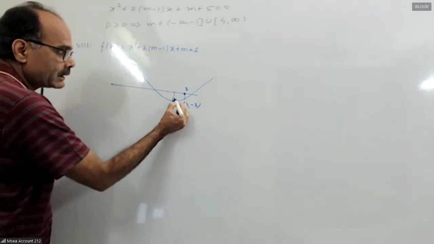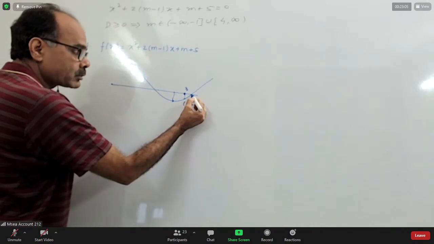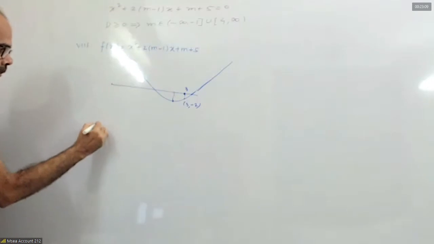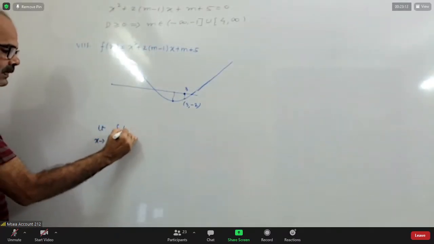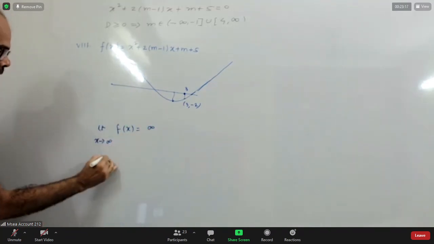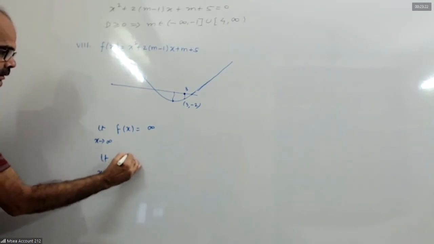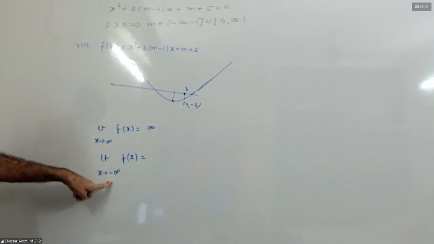Then it has to cross the x-axis, and here go to infinity, because as x tends to infinity, what is f(x)? Infinity. And as x tends to minus infinity, what is f(x)? Infinity.